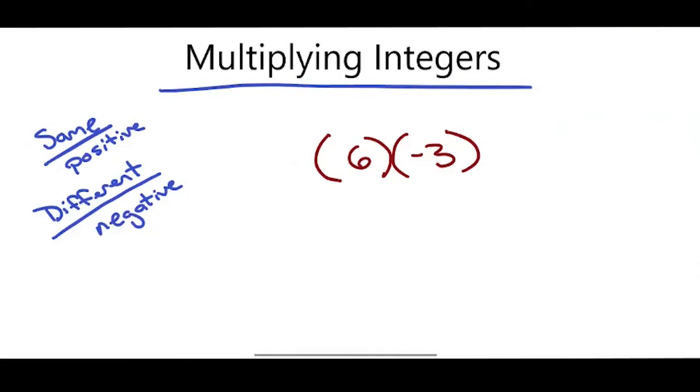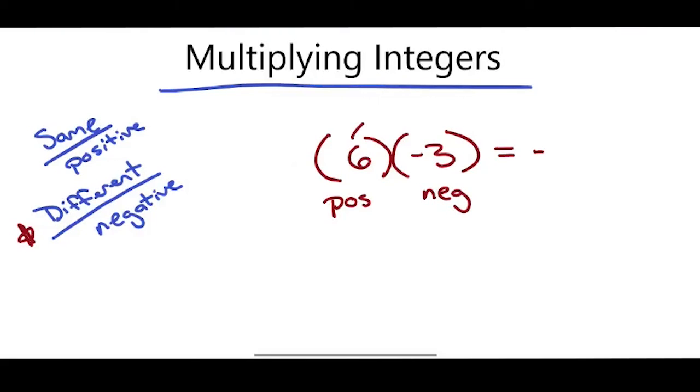This means 6 times negative 3. Well, you'll notice that the first one is a positive number. The second one is a negative number. So they are different. Therefore, our answer will be negative.